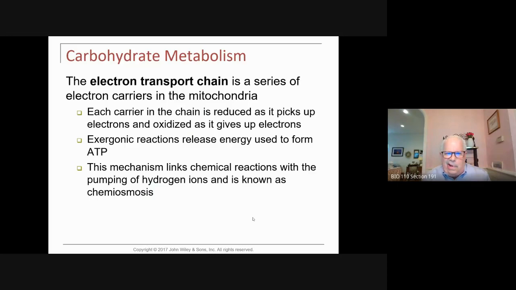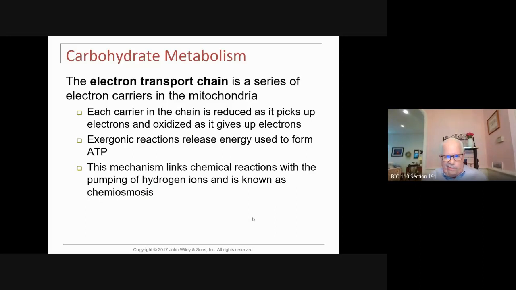It is a series of electron carriers in the mitochondria. Each carrier in the chain is reduced because it picks up electrons and is also oxidized as it gives up electrons.